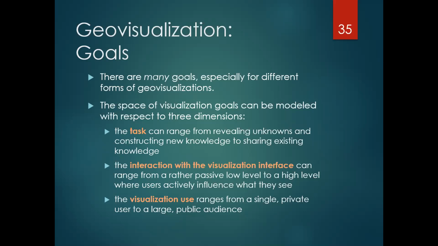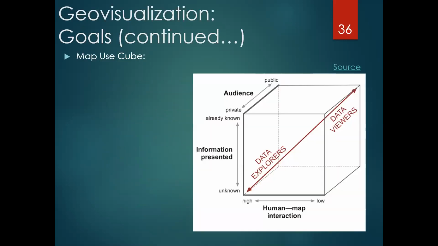So when we put these three dimensions together, what do we have? We have a 3D space. And usually we use something called the map use cube to address the goals of geovisualization. So like I mentioned before, now we have three dimensions, right? The first dimension is information presented, or task.